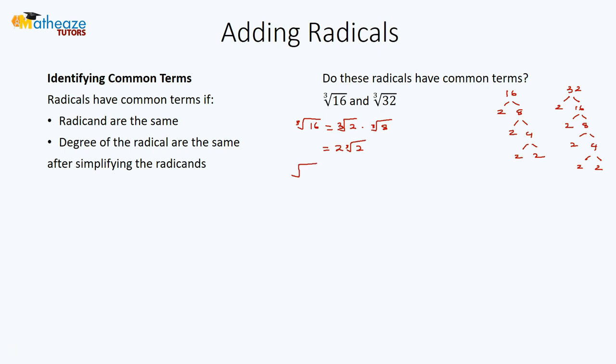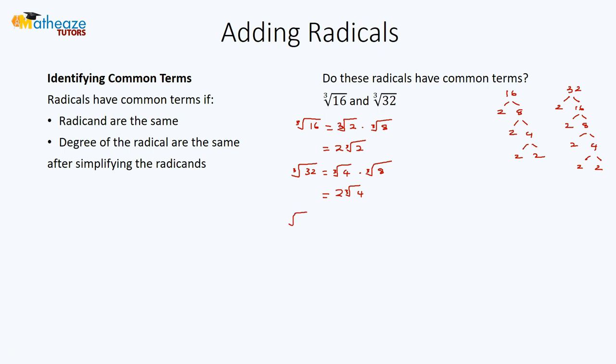The cube root of 32 is going to give us the cube root of 4 multiplied by the cube root of 8, so this is going to give us 2 and then cube root of 4.